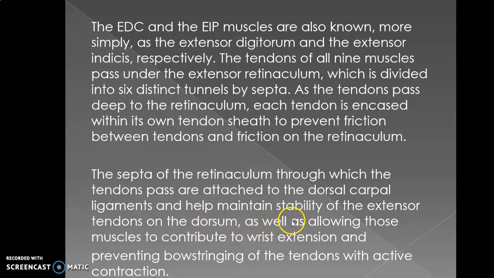So it gives stability to the tendons on the dorsum, as well as allowing those muscles to contribute to wrist extension. The main aim of the tunnel created by the extensor retinaculum, like the flexor retinaculum, is preventing bowstringing and preventing friction due to contact between the tendons.